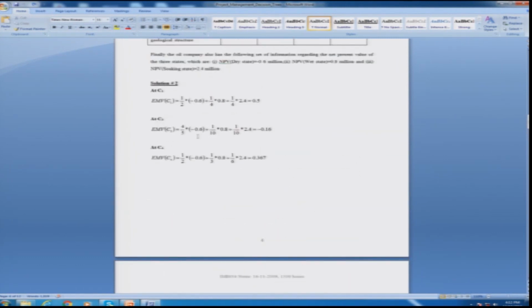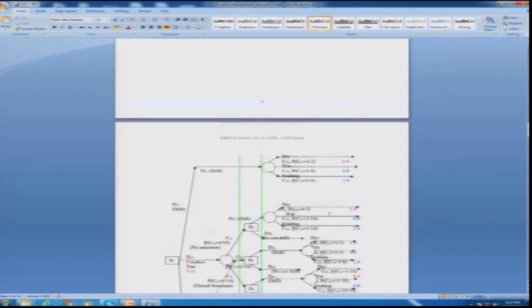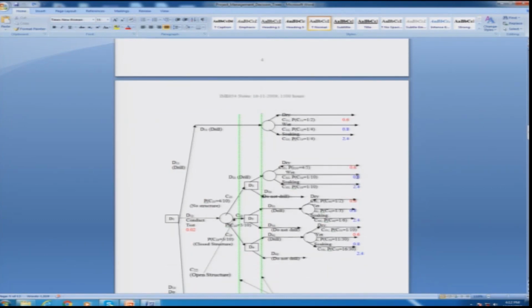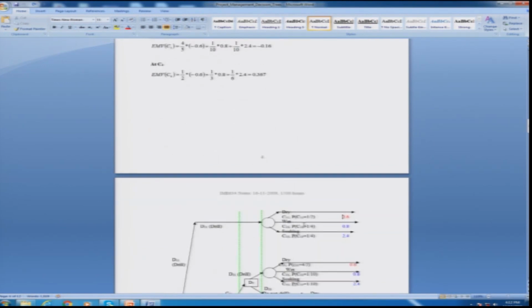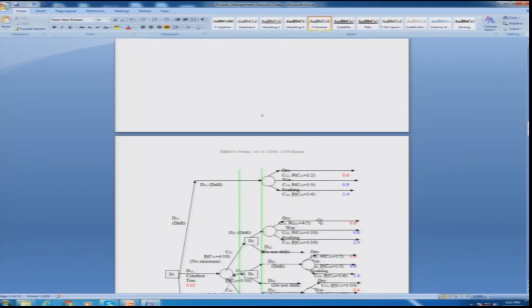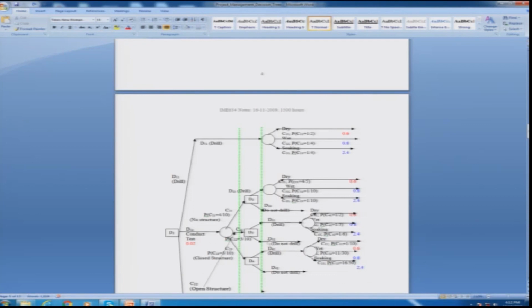So, C3 is this portion: minus 0.6 into 4 by 5, plus 0.8 into 1 by 10, plus 2.4 into 1 by 10. You find the value of minus 0.16, which means the net value at this point is negative. Negative with no drill definitely means that you would not drill, and not take any action.